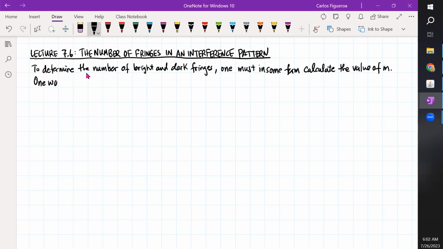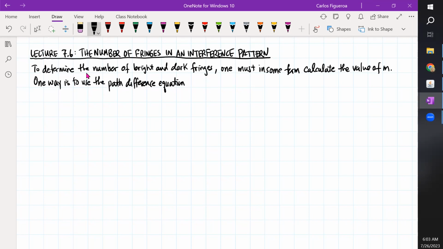One way is to use the path difference equation. In fact, you can only use the path difference equation, but there's two ways to do it.